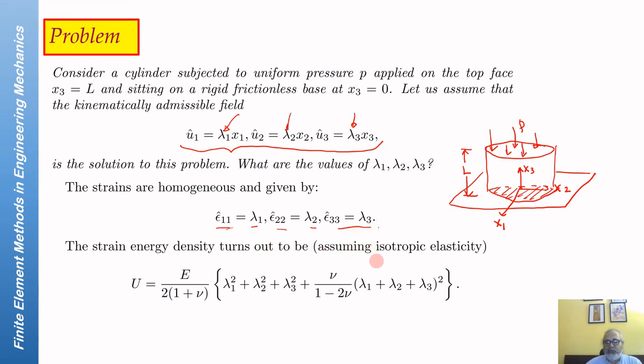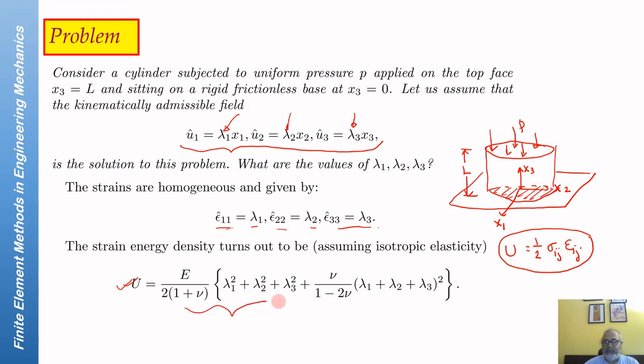And then, assuming isotropic elasticity, we find out the strain energy density. The strain energy density for isotropic elasticity can also be found as half sigma ij epsilon ij. This is a form of strain energy density that we are going to often use, and I've used that to calculate this.